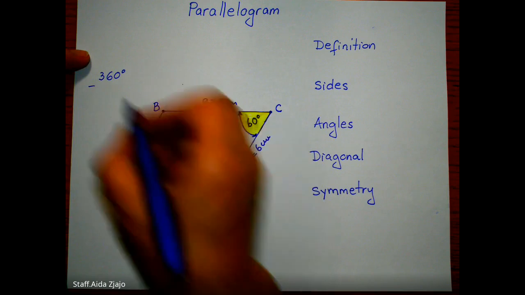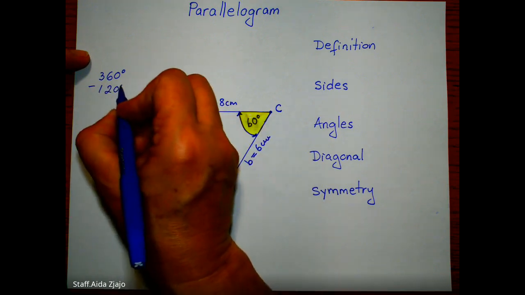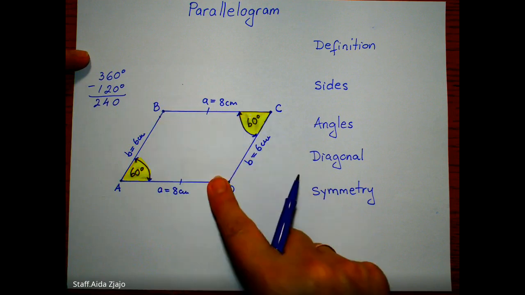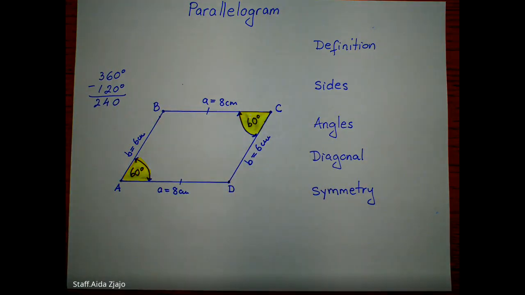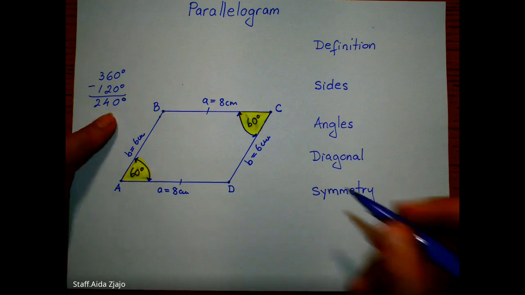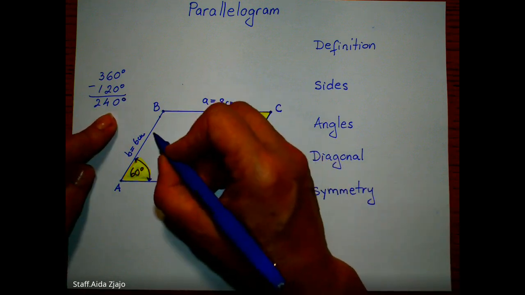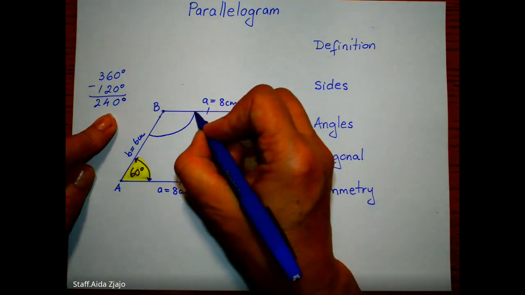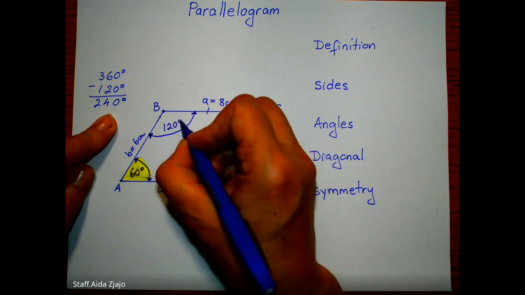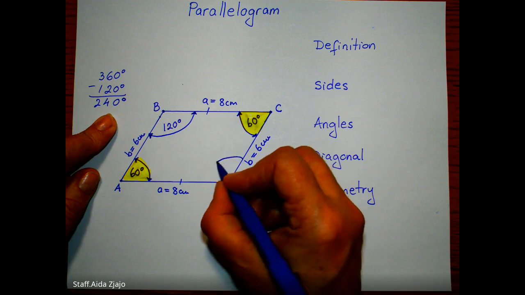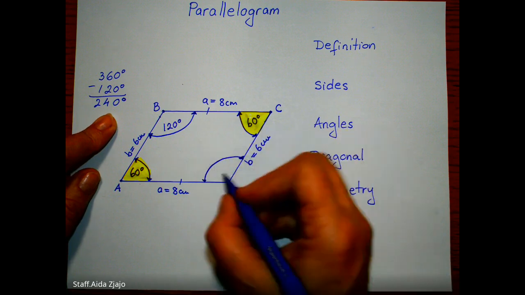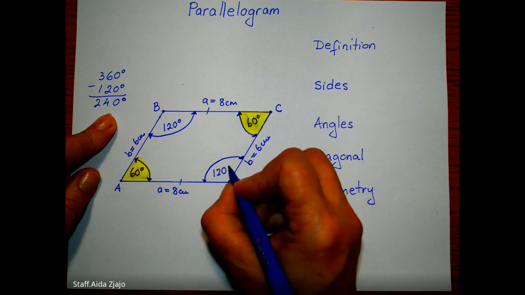If I subtract 120, I can see that these two need to share 240 degrees, which tells me that each of them will be a 120 degree angle, an obtuse angle. And then this one, angle D, is also congruent to angle B and is 120 degrees.